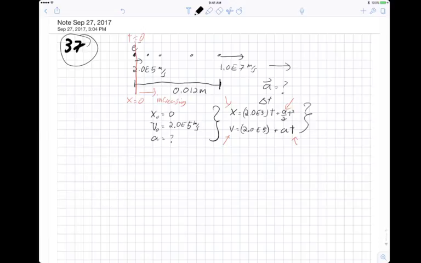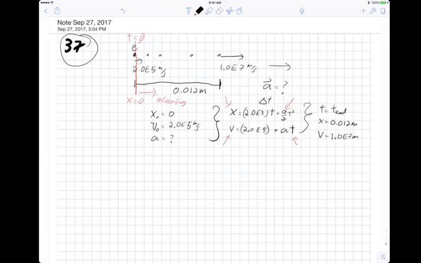So, how do we do that? Well, we know that at t equal to, I'll call it t end, the position is 0.012 meters, and at that time the velocity is 1.0 E7 meters per second.